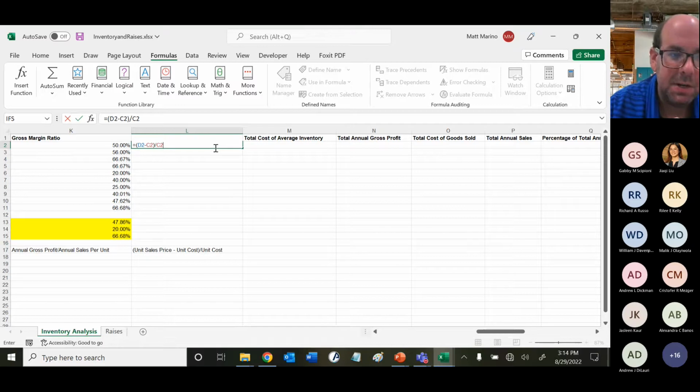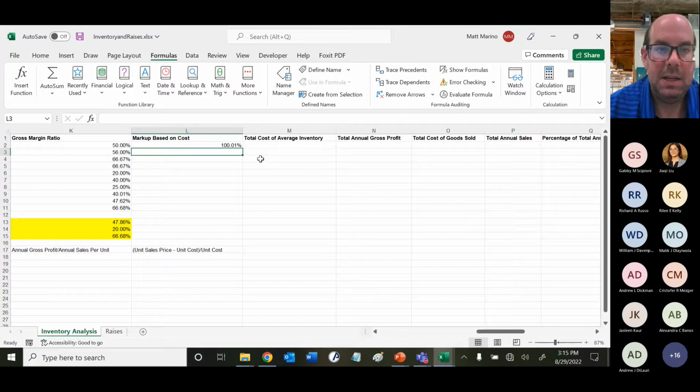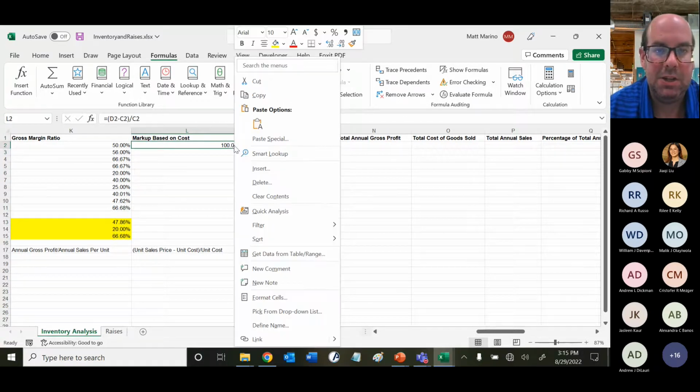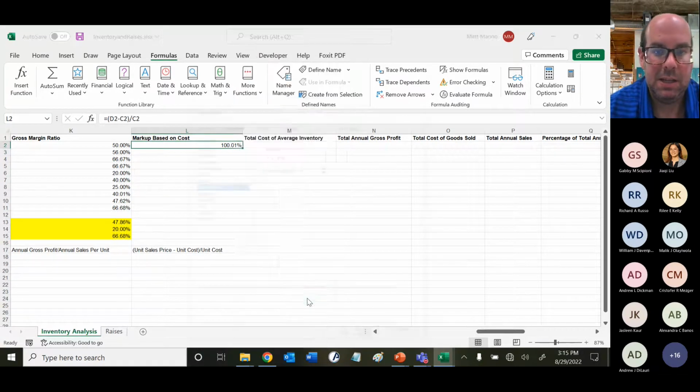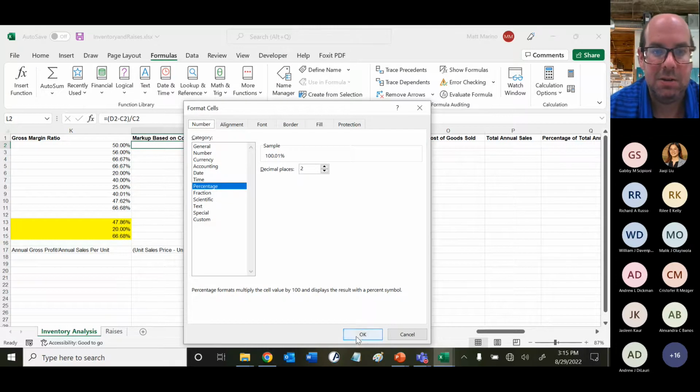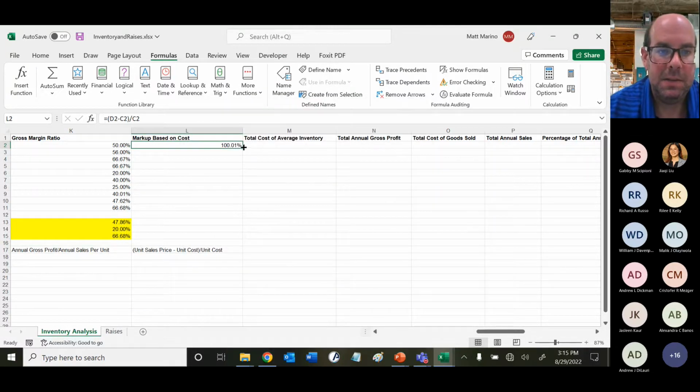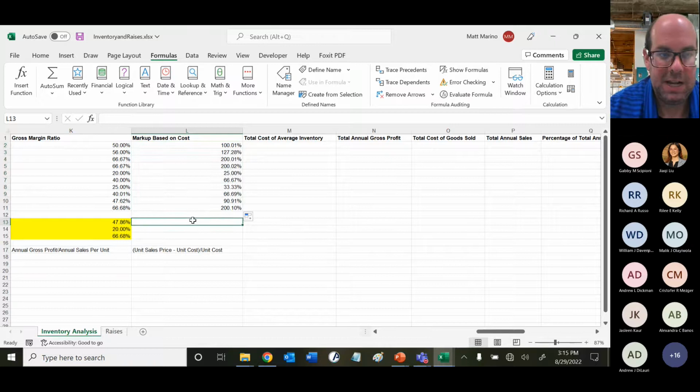So our unit sales price is in column D, our unit cost is in column C, divided by our unit cost, which is in column C. And if that's not a percentage, right click, format cells, click percentage, okay. And we autofill this down. For the rest of these, we're not calculating our average, min, or max.